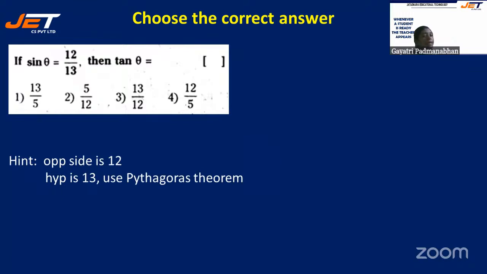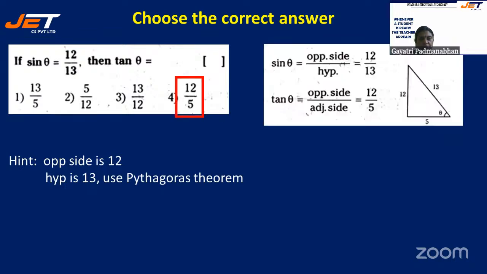If sine theta is equal to 12 by 13, what is tan theta? Okay. So I think this we've already done. Anyway, let's see. Just now I remember doing it. Sine theta is nothing but opposite side by hypotenuse. So the side which is opposite to theta is the opposite side. So 12 by hypotenuse, which is 13.